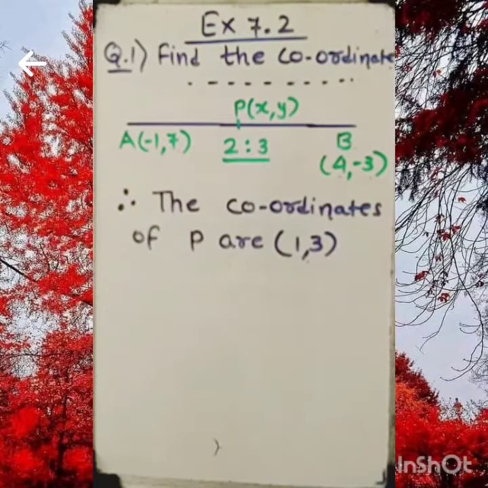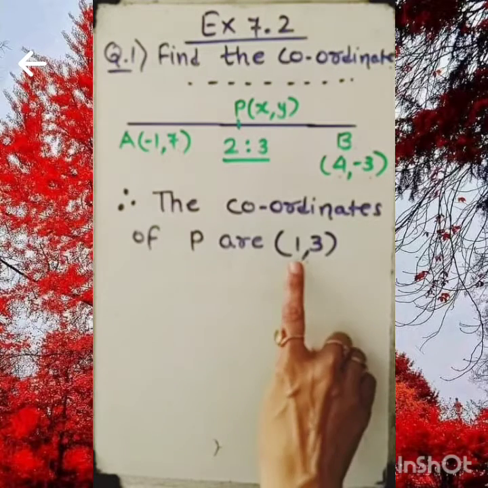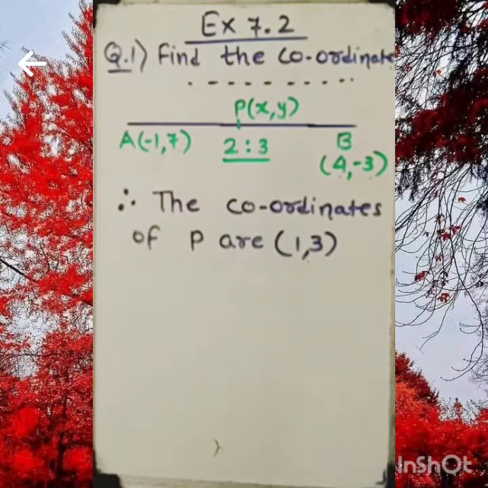Got it? We have found x equal to 1 and y equal to 3. So here is the complete solution of question number 1 of exercise 7.2. I hope it's clear to you.